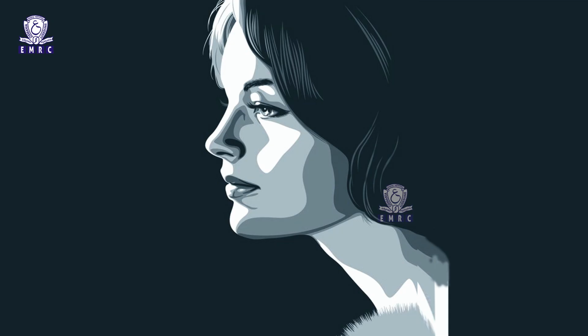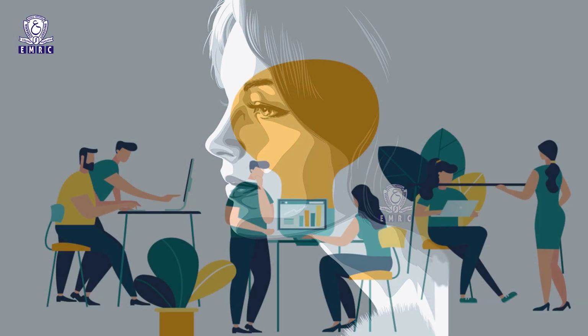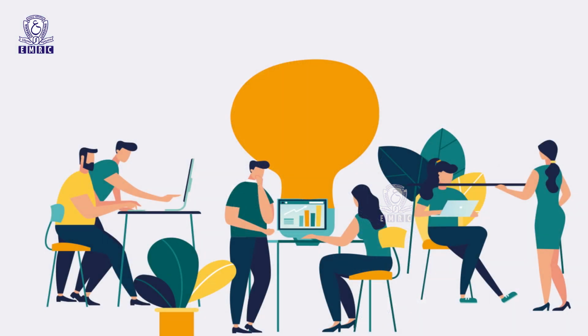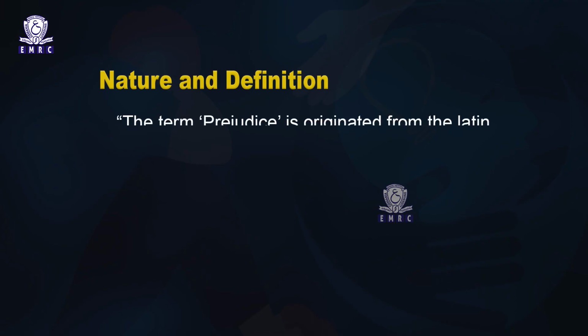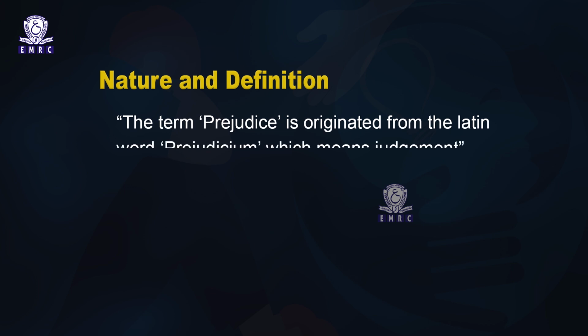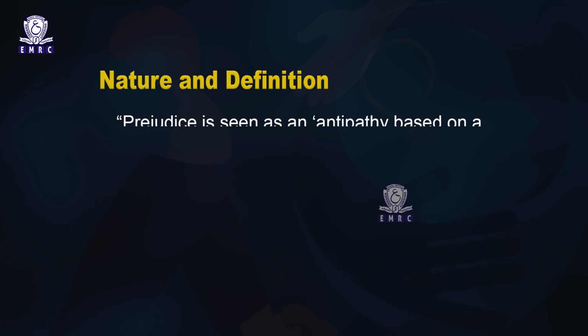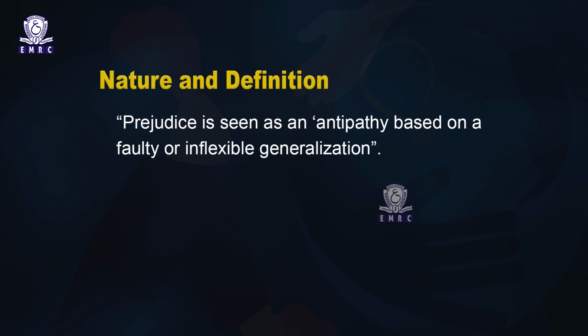Now, coming to the nature and definition of prejudice. Prejudice is a negative emotional response based on a group membership. The term prejudice originated from the Latin word prejudicium, which means judgment. According to Allport, in the year 1954, prejudice is seen as an antipathy based on a faulty or inflexible generalization.